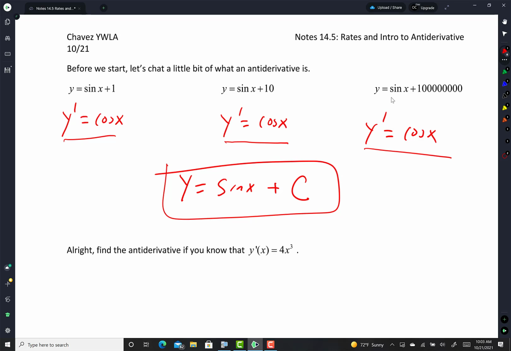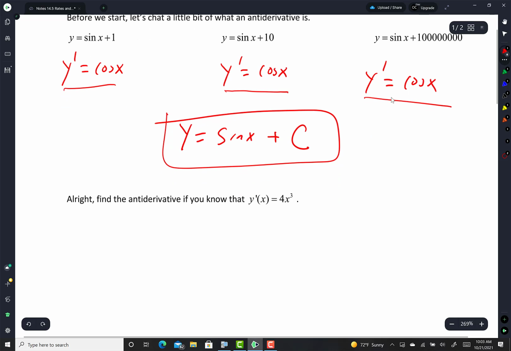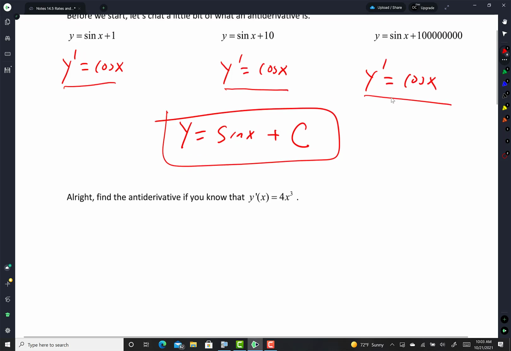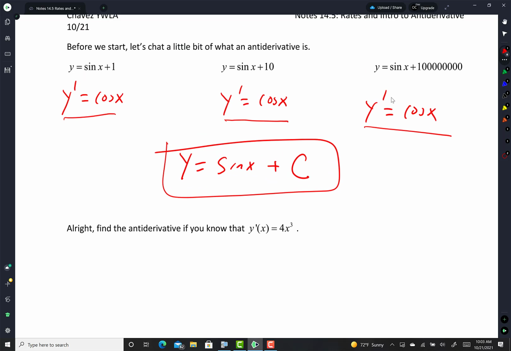There is a notation for it. I don't know if we're ready for it, but I will. The notation for antiderivative is an elongated s, and then f prime of x.